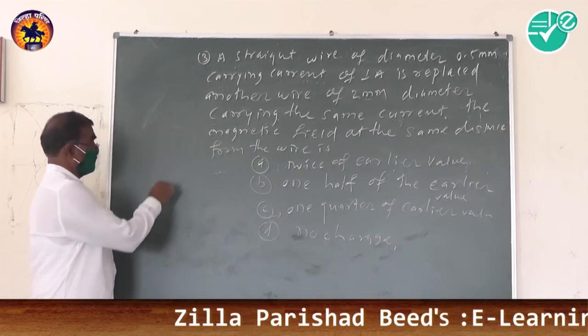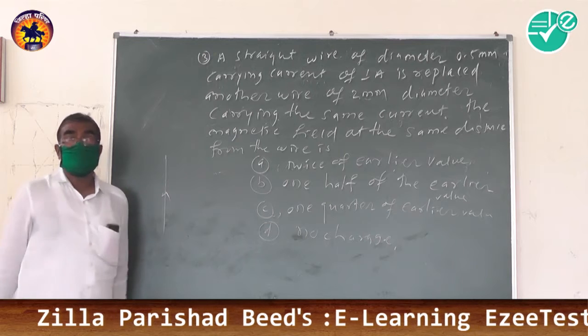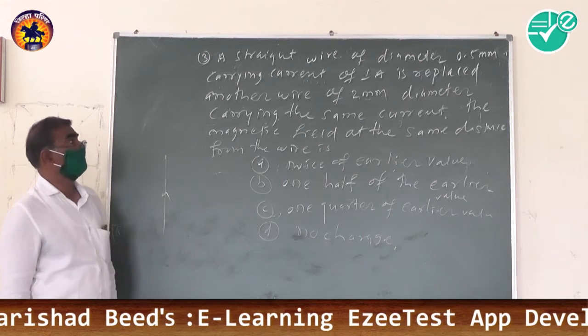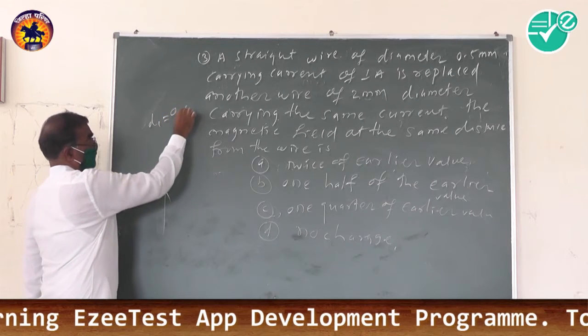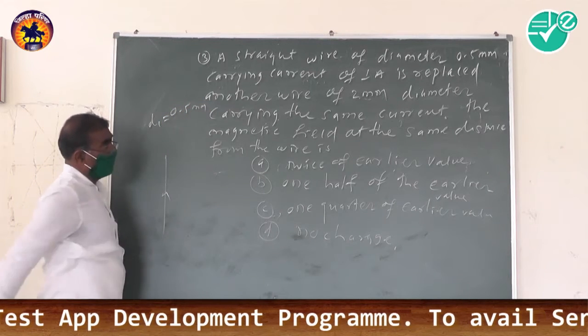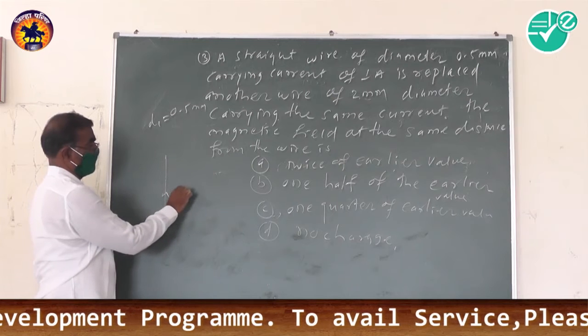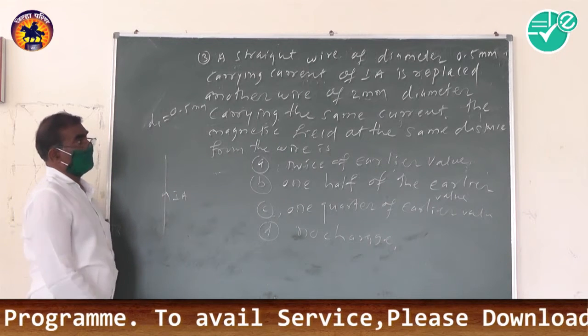The problem is that a straight wire of diameter 0.5 millimeter, the diameter of the first wire, carrying a current I of 1 ampere, is replaced by another wire.